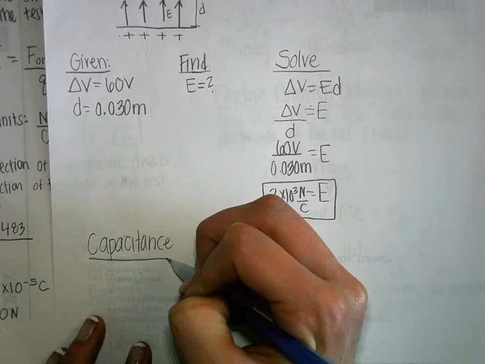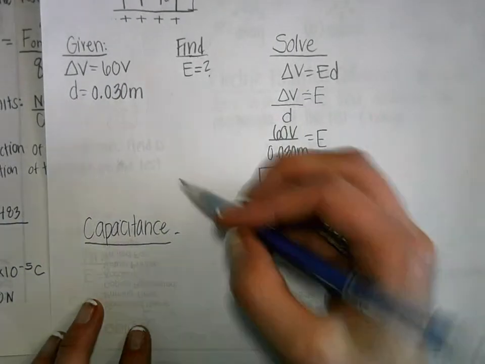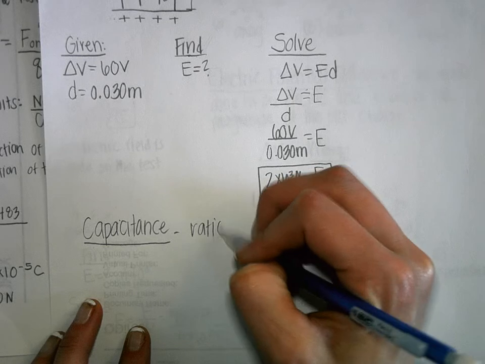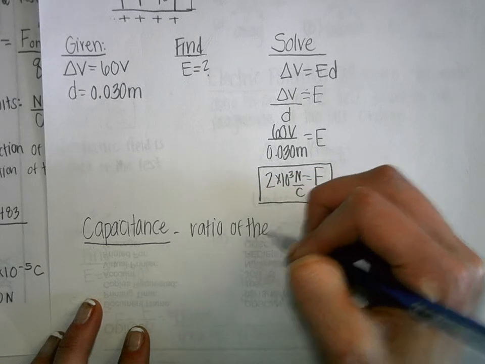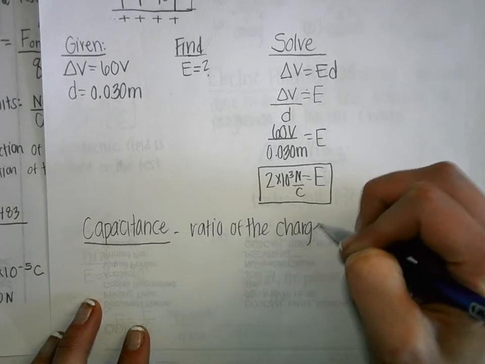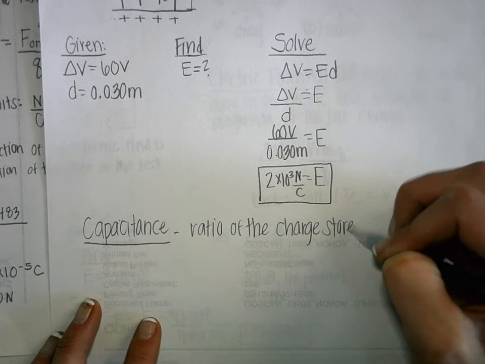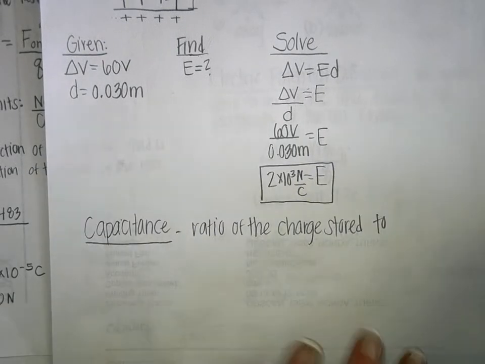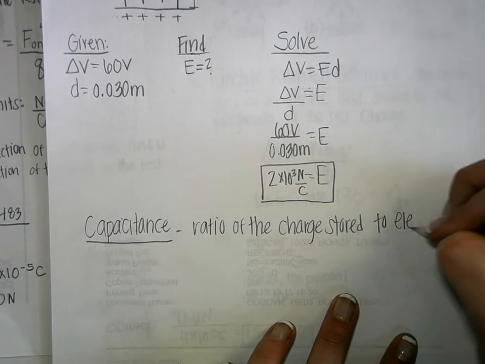So capacitance is the ratio of the charge stored to the electric potential difference.